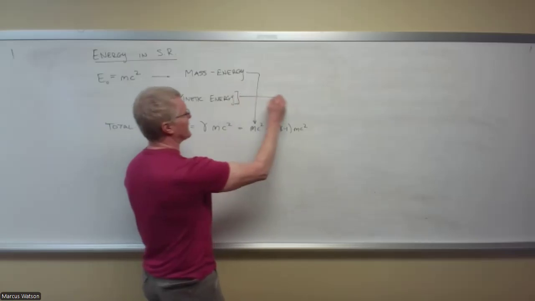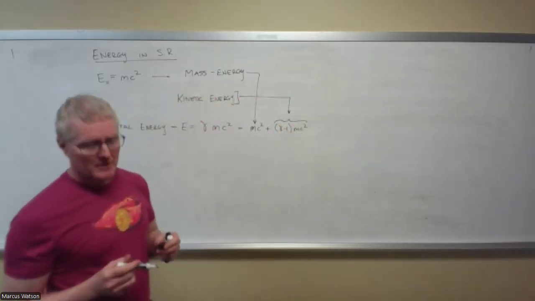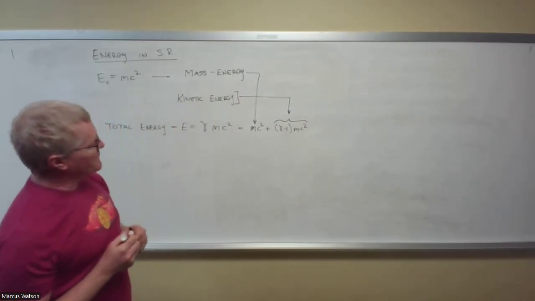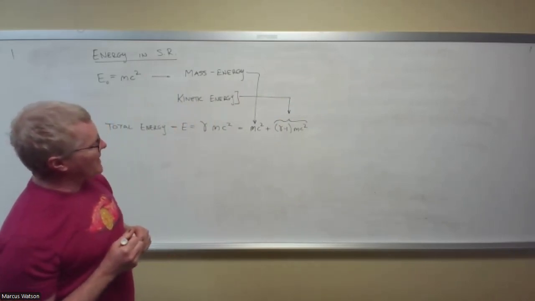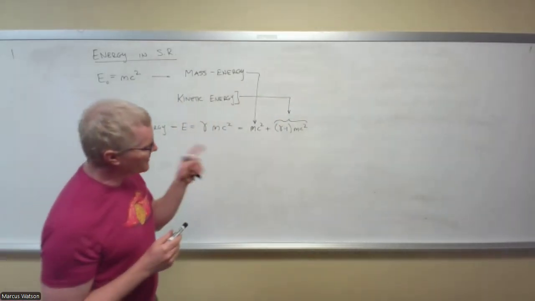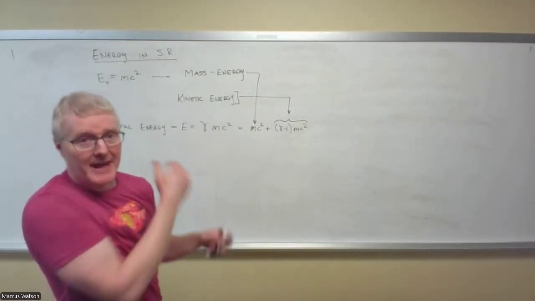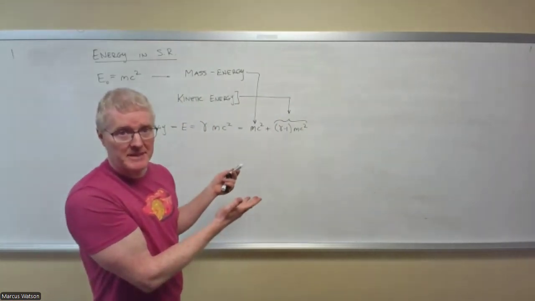Therefore, this must be the kinetic energy. And that's going to help you on the problem with the energy. I think that's going to help you on the energy of the electron in a relativistic sense, because wrapped up in the gamma, of course, is the speed.